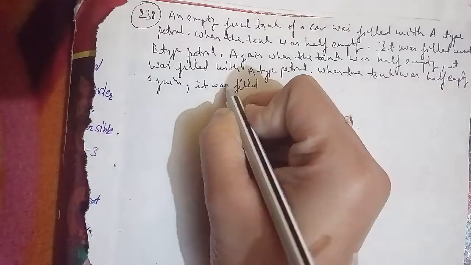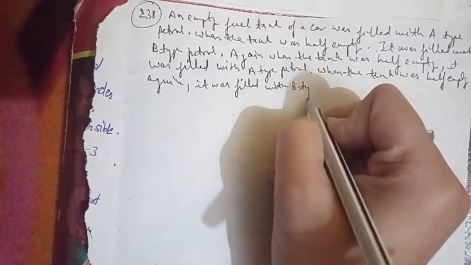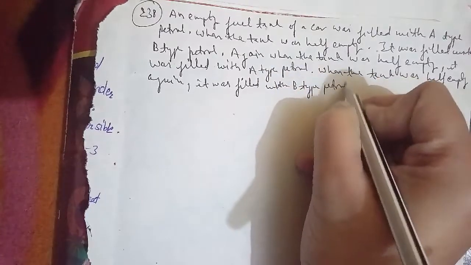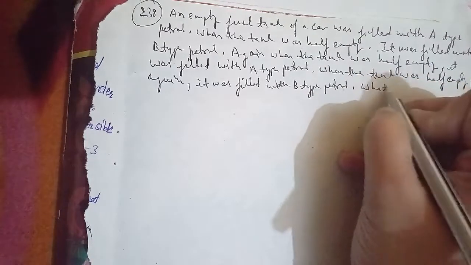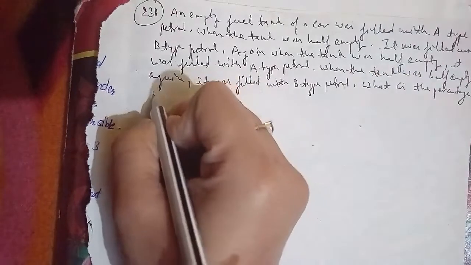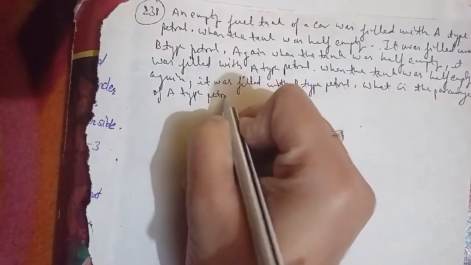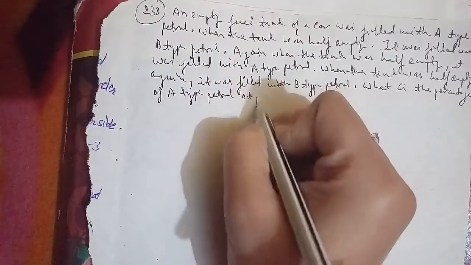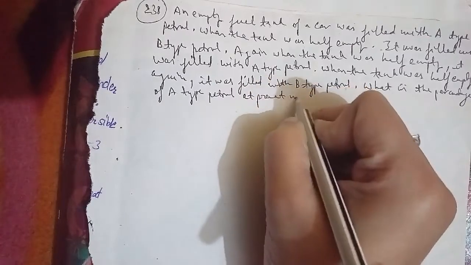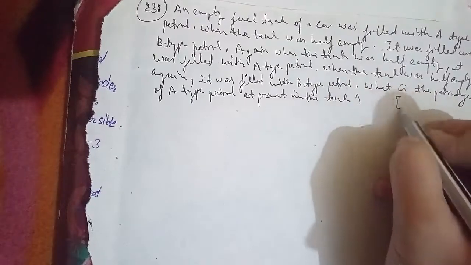So let the capacity of the tank be 100 liters. Then initially A-type petrol is equal to 100 liters.